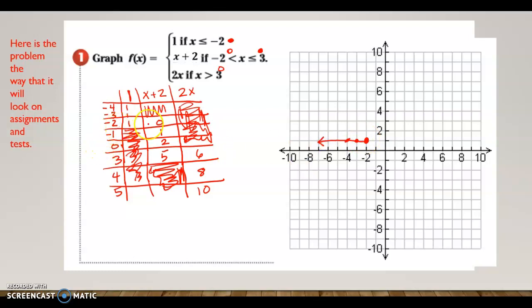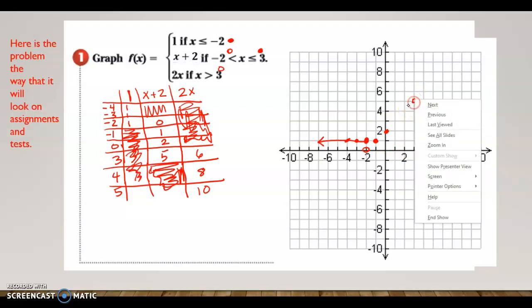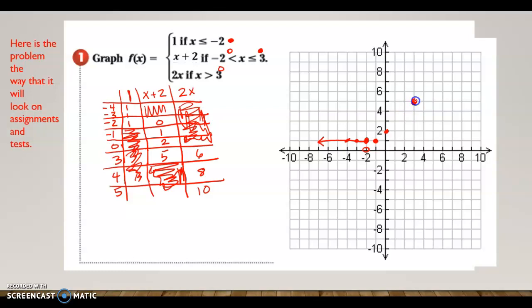The next one, negative 2, 0, that's the one that's open. Right here. Negative 1, 1. 0, 2. And then I jumped up to 3 and 5. And that was closed in. And that's where it stops.